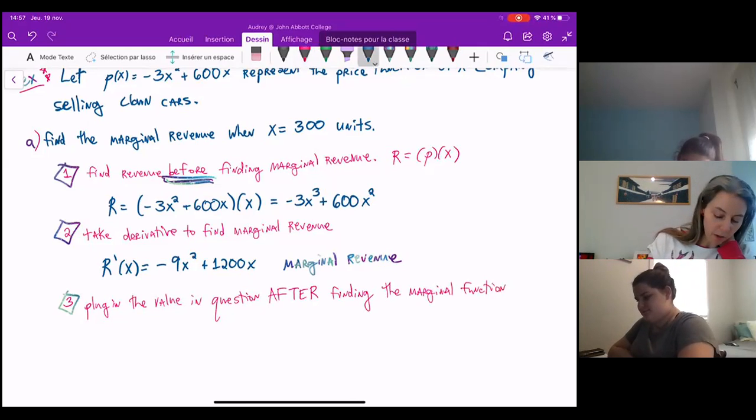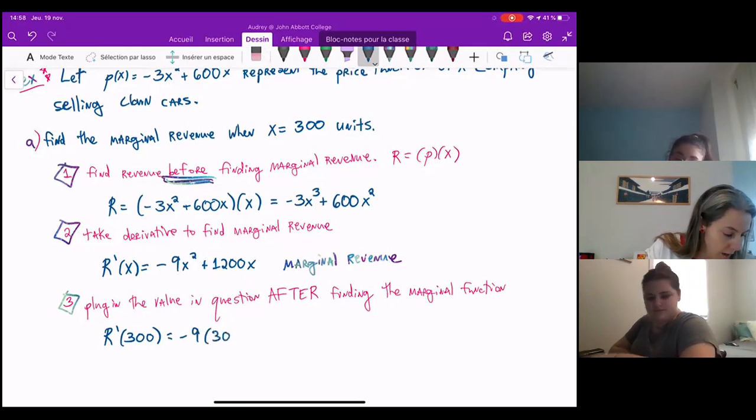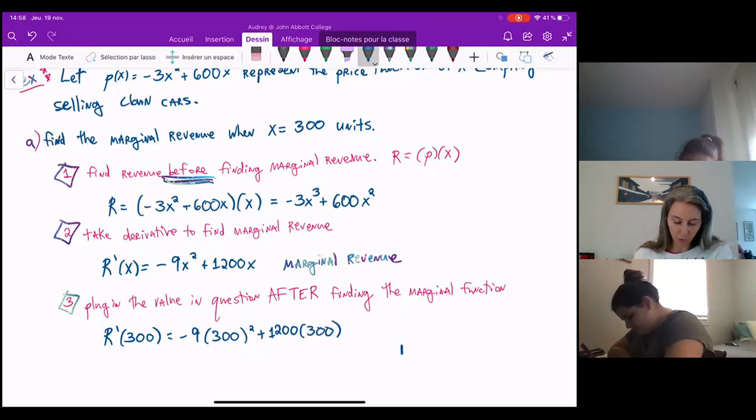So now I'm going to be looking at R prime of not 3, but 300. When I plug this in, I have negative 9 times 300 squared plus 1200 times 300, which gives me 300 times negative 2700 plus 1200.